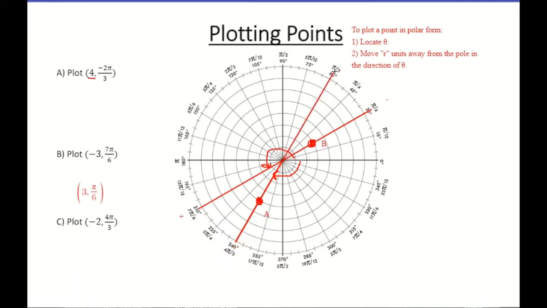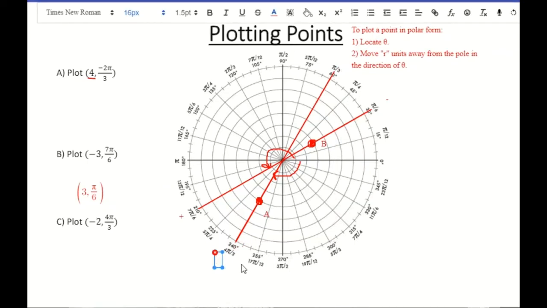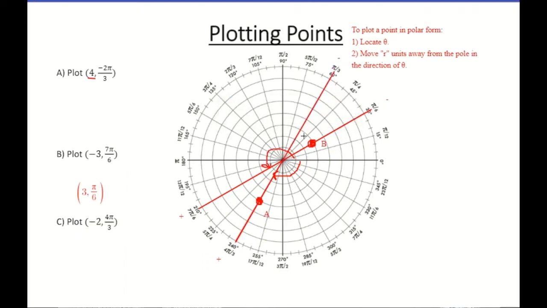So here's my number line where I have 4 pi over 3 as the positive direction, where this would be if the r value is positive 1, positive 2, positive 3, positive 4. And the negative direction would be in this direction, so this would be negative 1, negative 2, negative 3. So negative 2, 4 pi over 3. We find 4 pi over 3, which is right here. The negative direction, we're going to count negative 2. 1, 2. So our point should be right here.